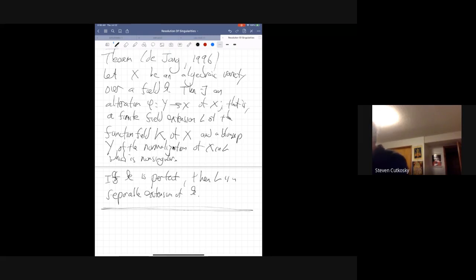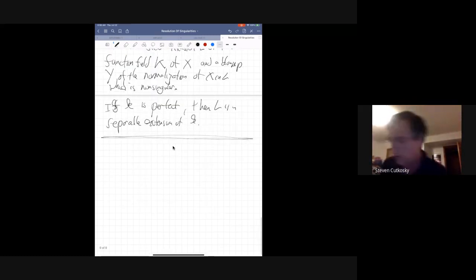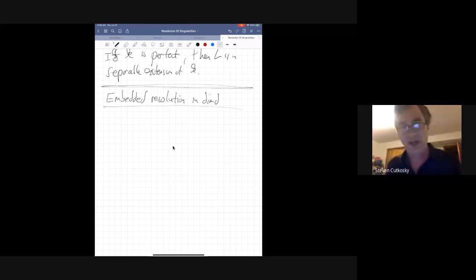Okay, so now I'm going to mention one other problem, which is not so visible here. If you want to establish some kind of induction, and say you know how to resolve singularities in dimension n, and you want to prove resolution of singularities in dimension n+1, you need a stronger resolution theorem in dimension D. This is the so-called embedded resolution.